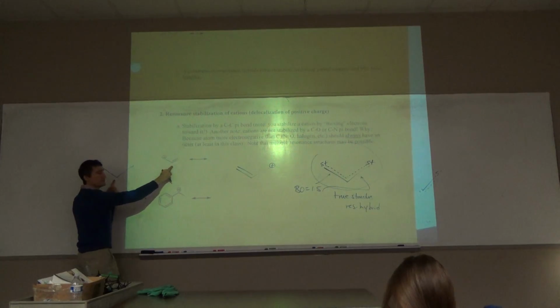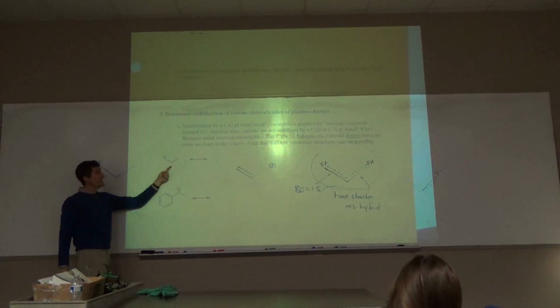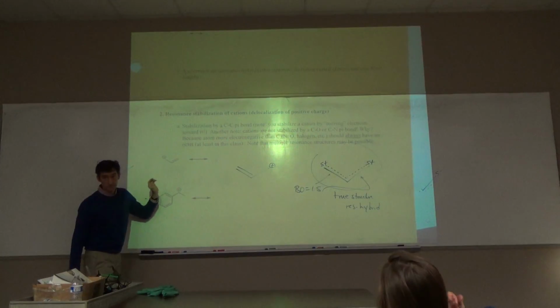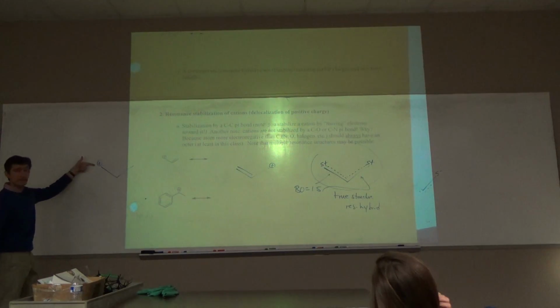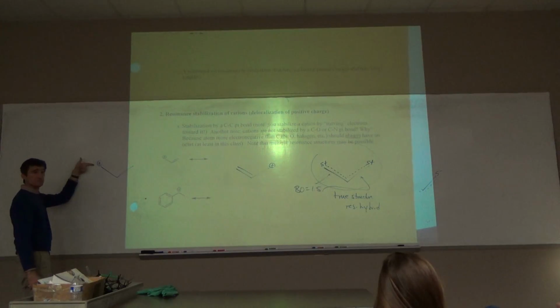If I drew these two at the very beginning today, which one is more stable? This one. Because when we look at it, we know that this is not really a carbon with a full plus. This plus is delocalized. What about this plus? Is it delocalized by resonance? Can you do any resonance here?